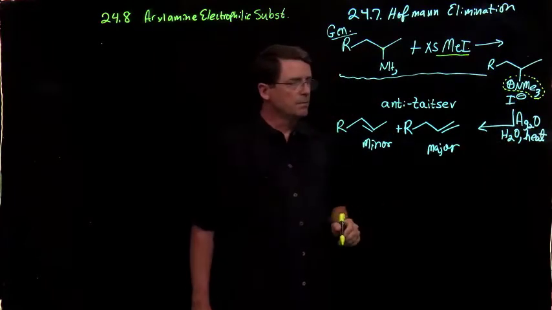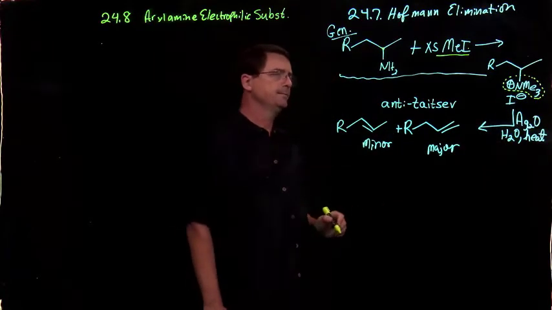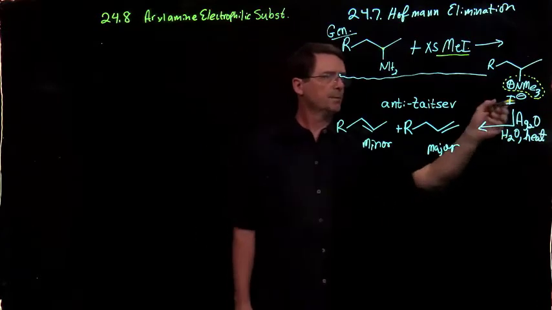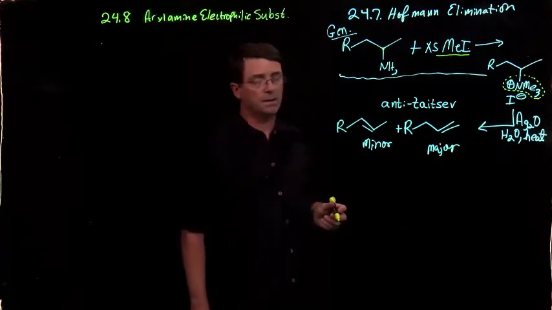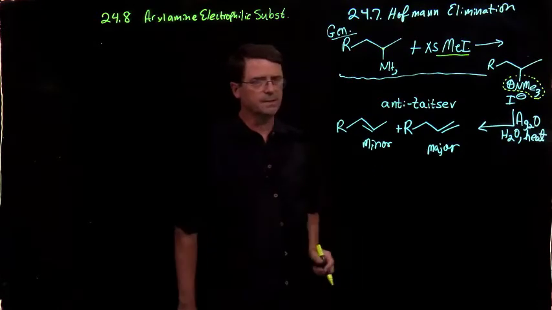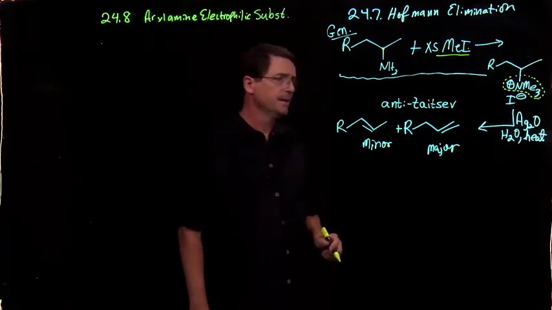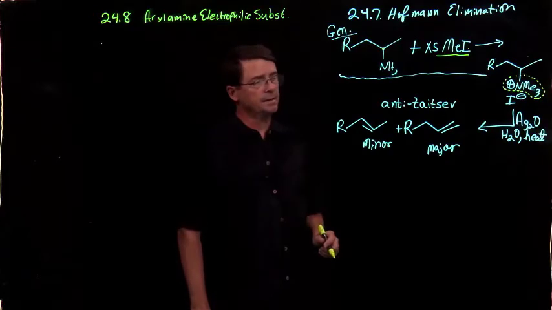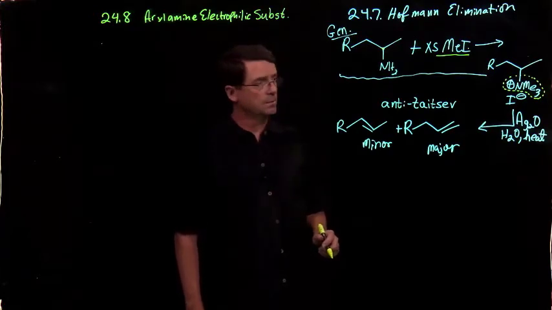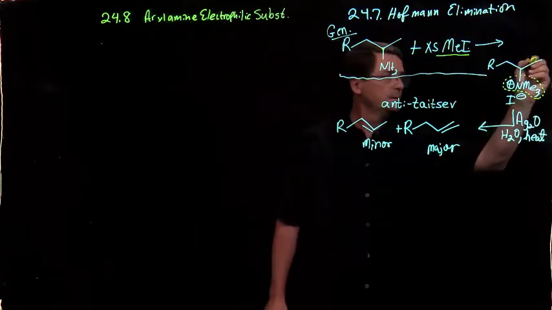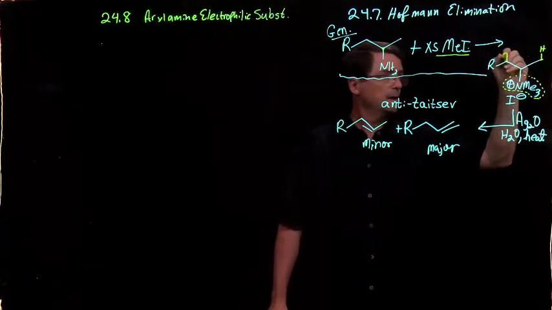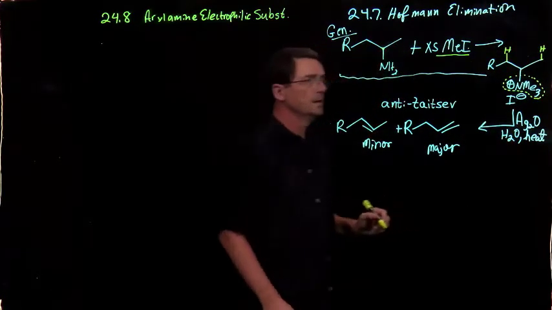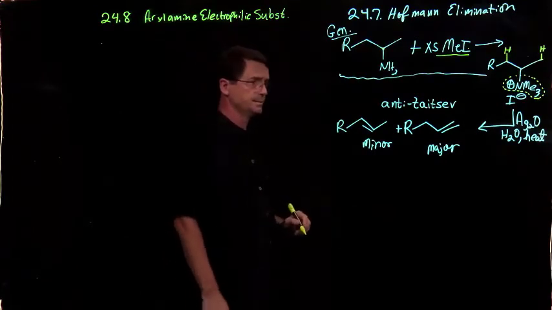Now, of course, since we're using methyl iodide, the counterion here is iodide. If you react that with silver oxide in water, the silver precipitates the iodide and you're left with an oxide or hydroxide. It really makes hydroxide eventually, which is then acting as a base to cause the elimination of either one of these sets of hydrogens.